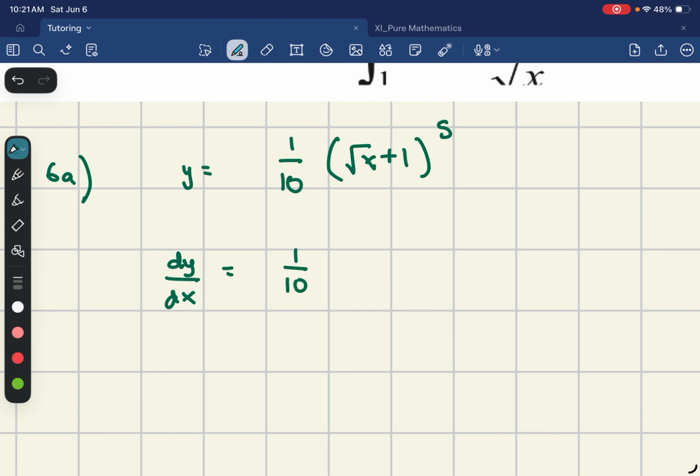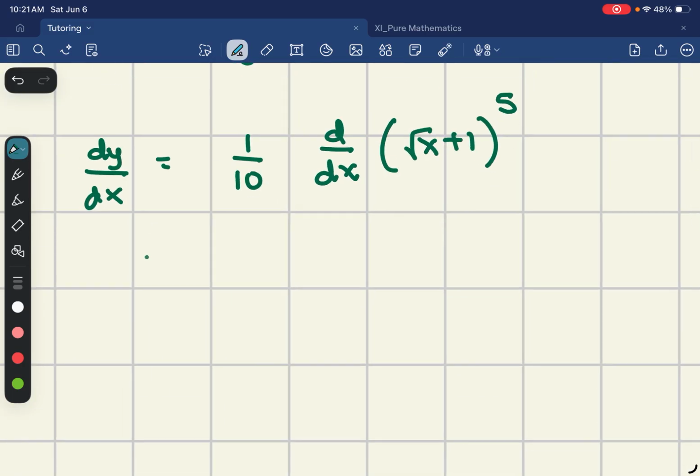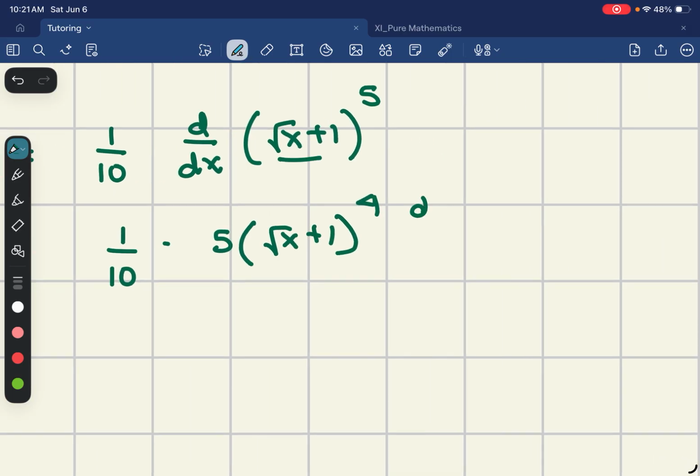So 1 over 10 is a constant. I can just differentiate (square root of x plus 1) to the power of 5. And if you differentiate that, you're going to get 5 comes to the front, (square root of x plus 1) to the power of 4, right? 5 minus 1 is 4. But there is a square root of x inside, so you need to differentiate it again. The plus 1 means a constant, and the derivative of a constant is 0.